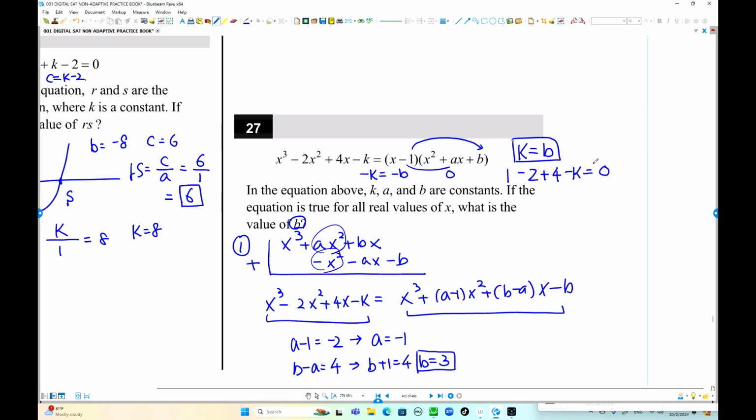Factor theorem, there's no remainder. So this is 5 minus 2 is 3, minus k equals 0. So k equals 3, which is equal to the value of b. If this is 3, b must also be 3, right? Constant term equals constant term. You can solve this way too.